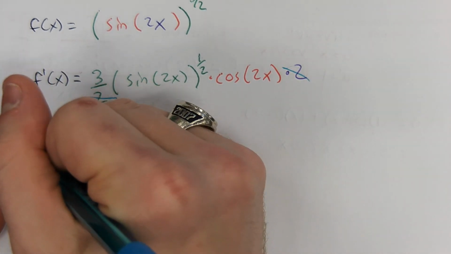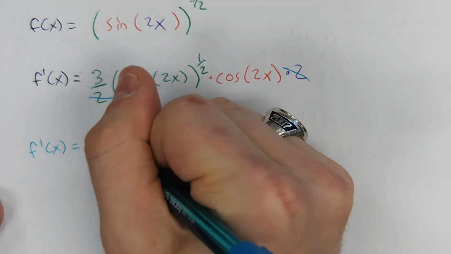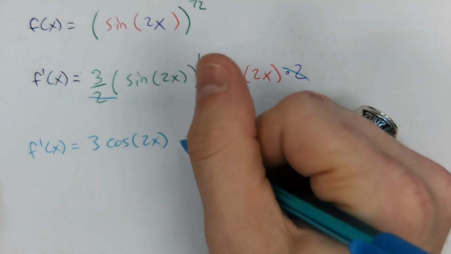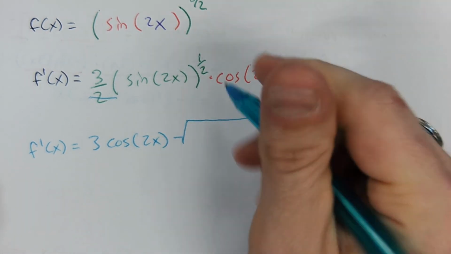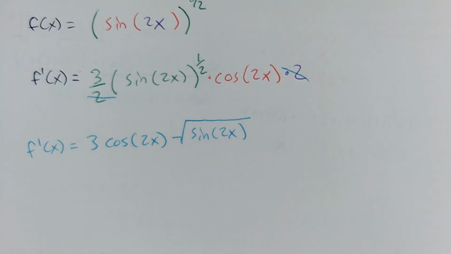What we're going to end up with is the 3, and then cosine of 2x times the square root of sine of 2x. That's its derivative. That was beautiful, actually. And no identities that I know of are going to help us there. All right, one more chain rule within a chain rule.